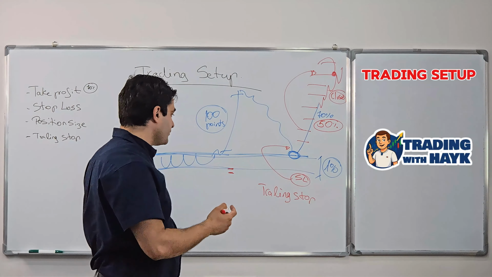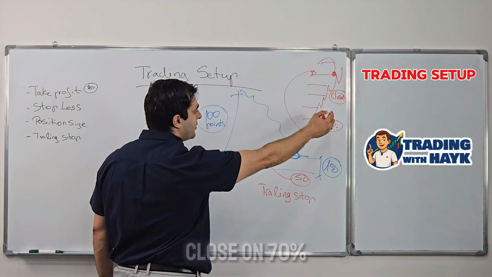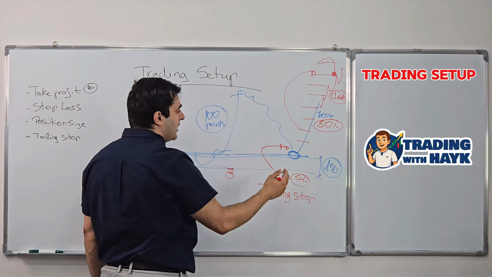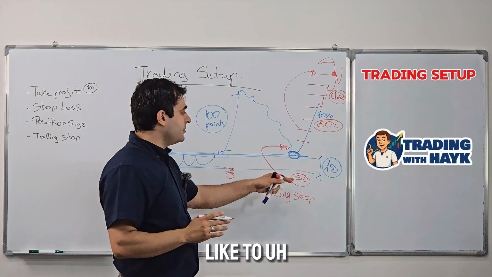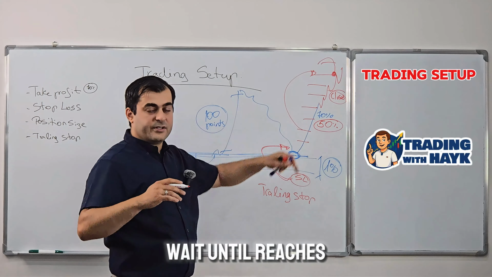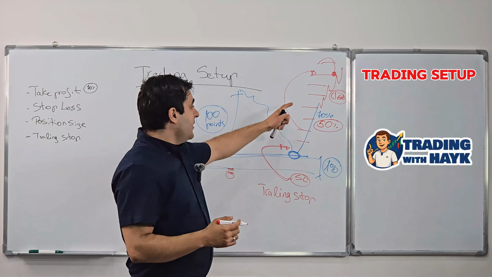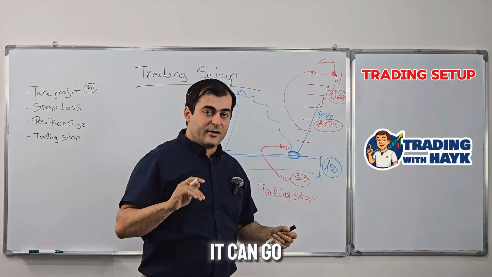The stop loss is this. Basically, as soon as we go up and close on 70%, we move the stop loss. You can move it even sooner if you want, but I like to wait until it reaches the 70%. Then after, I move the stop loss. Then after, I let it go as long as it can go.